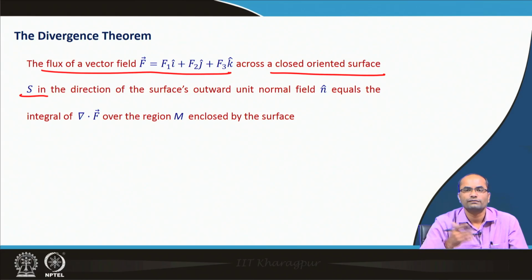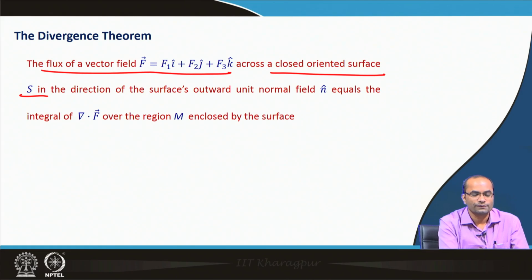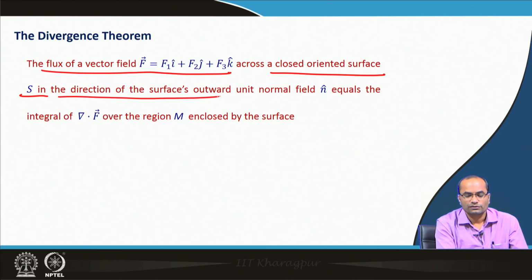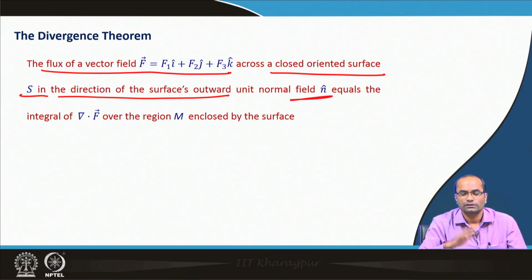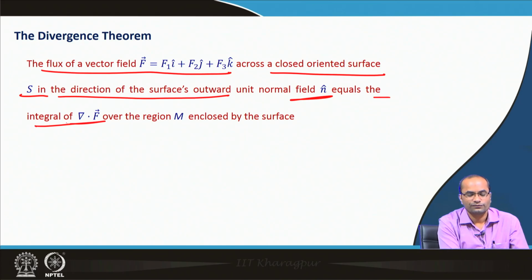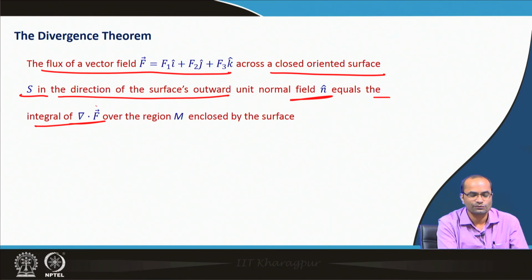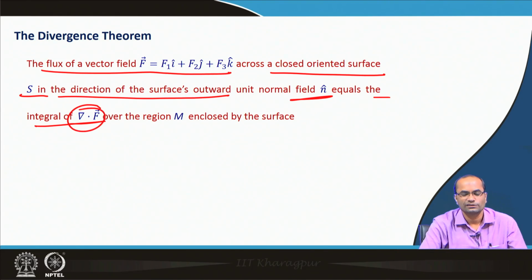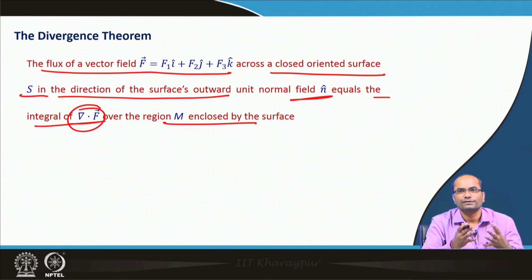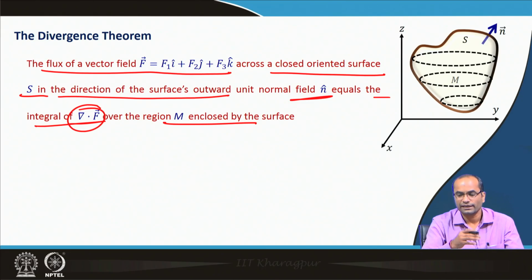That means we have 2 surfaces which are distinguishable, and in the direction of the surface we have the outward unit normal n. This is equal to the integral of, since flux means f dot n, if we integrate f dot n over the surface, that is equal to the integral of the divergence of f over the region M, which is enclosed by the surface. So, I think the idea is clear.